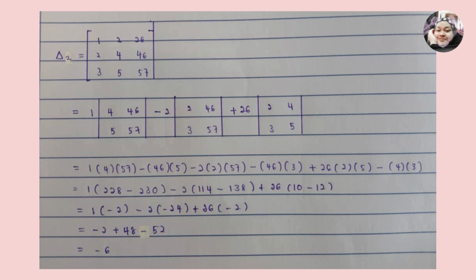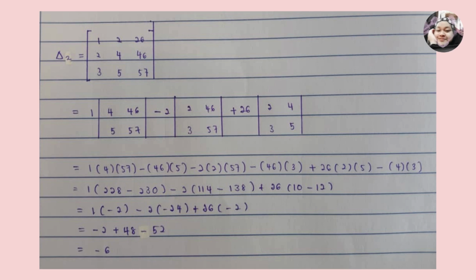Then we use 1, 2, and 26 as the scalar number in front of the column vector. Then we use the same technique. We close the first column and first row. Then we took the number and put it in the column vector.